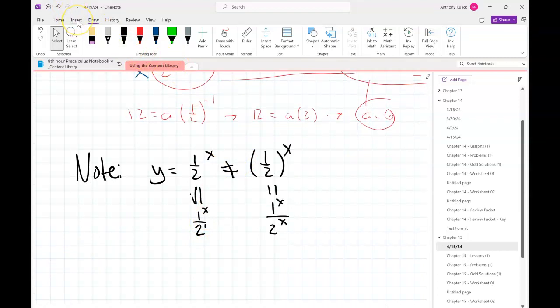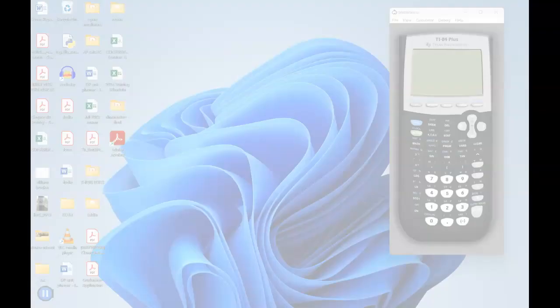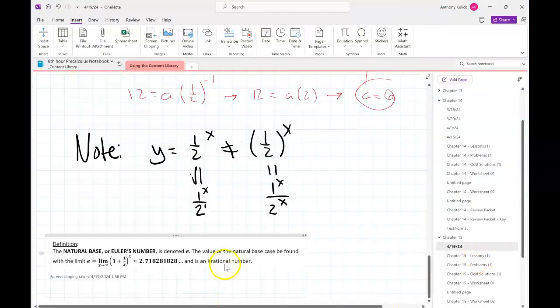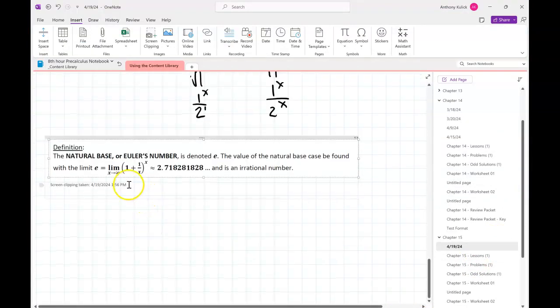All right. So we've seen that this value for b could be a bunch of different numbers, right? We've seen examples of it over and over again. There's one number in particular for b that'll be especially important, and I'll tell you why in a few minutes. But that special number is called the natural base, or often Euler's number.